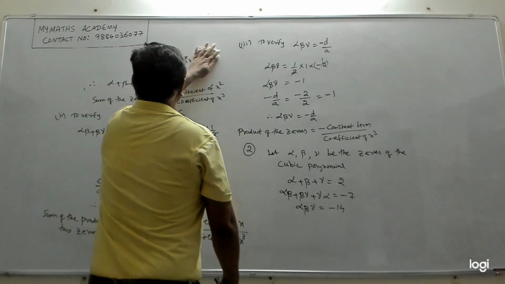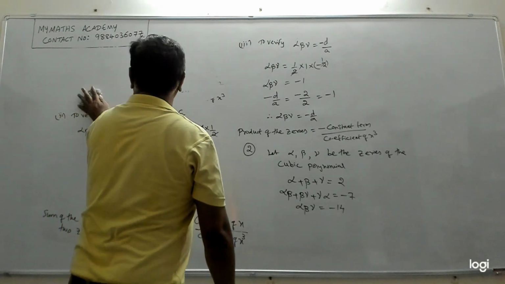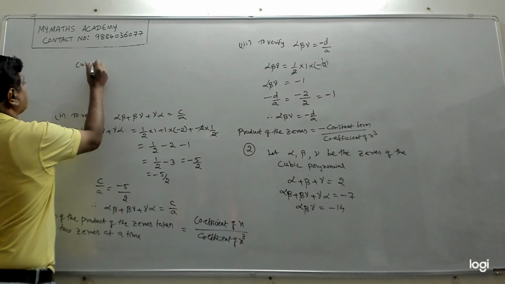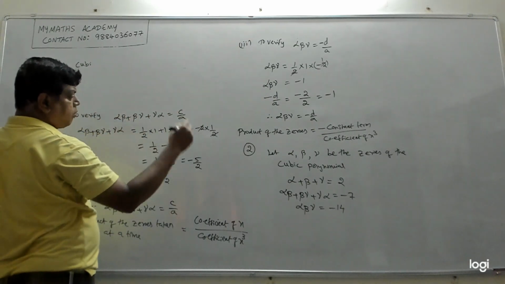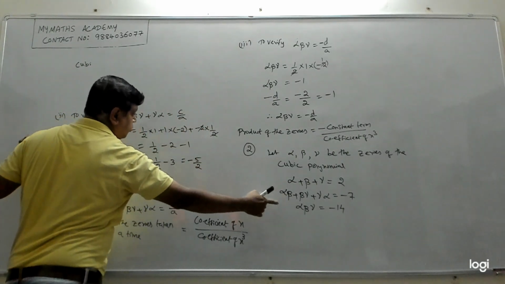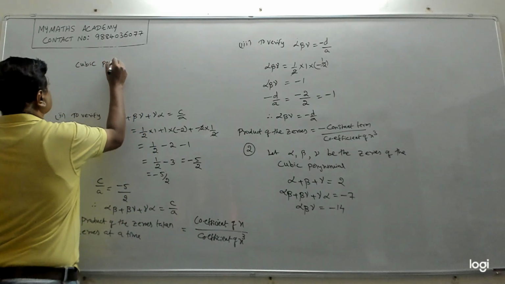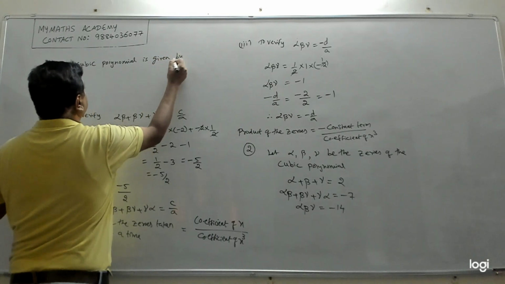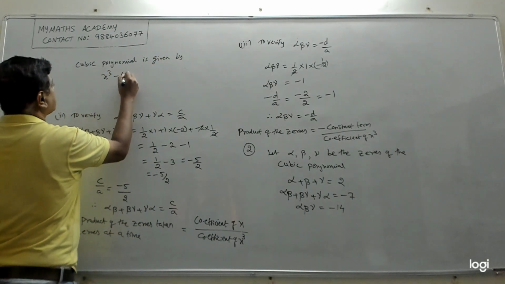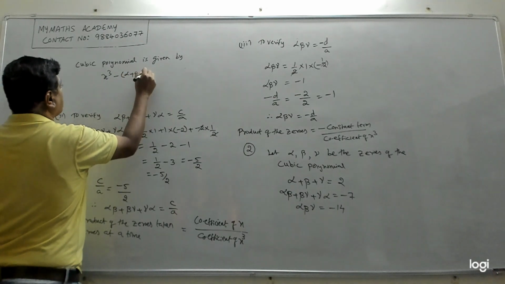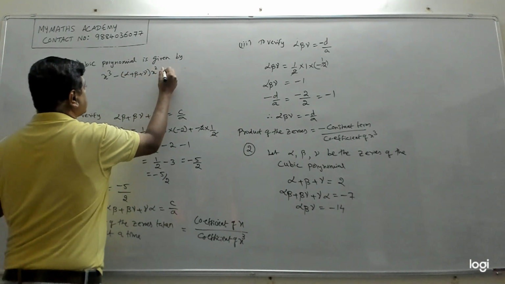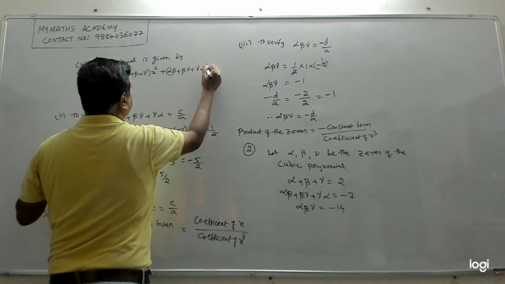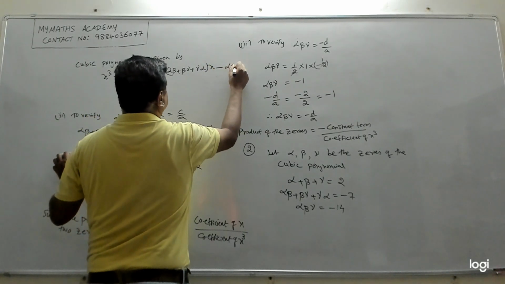So let me erase this. So the solution is: we have this formula that we need to know. If you know the sum of the zeros, sum of the product of the zeros taken 2 at a time, and product of the zeros, then the cubic polynomial is given by x cube minus alpha plus beta plus gamma times x square plus alpha beta plus beta gamma plus gamma alpha times x minus alpha beta gamma.